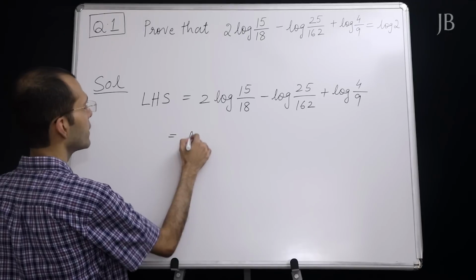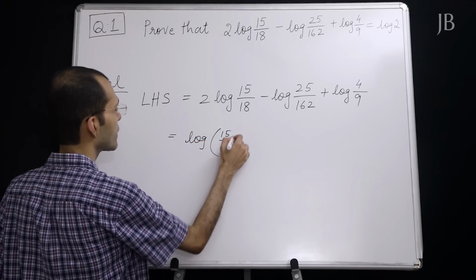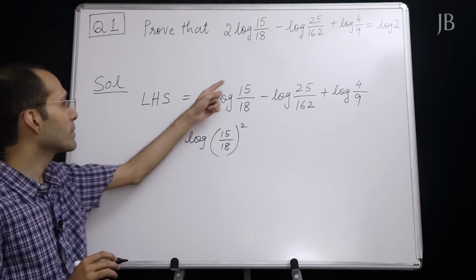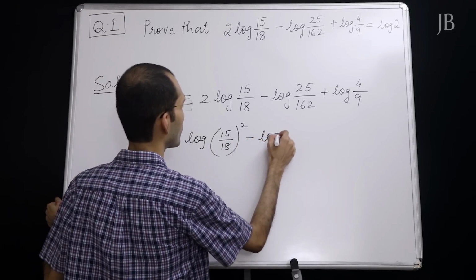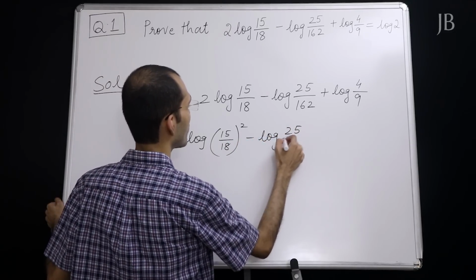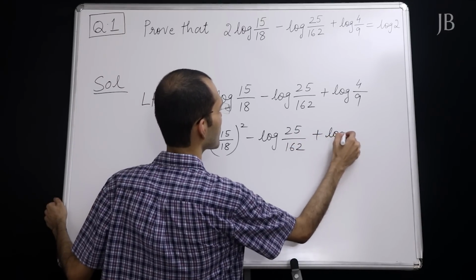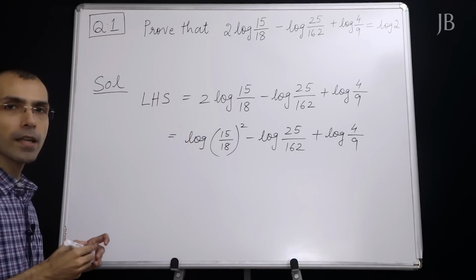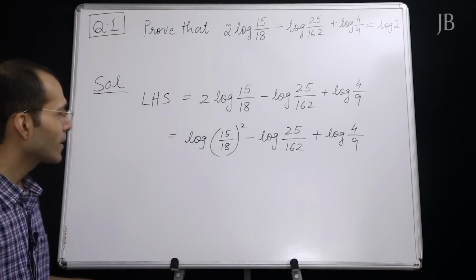So this will be log of 15 by 18 square. The coefficient has been taken in the power, minus log of 25 by 162 plus log of 4 by 9. Now you apply laws of logs together, it will be easier.